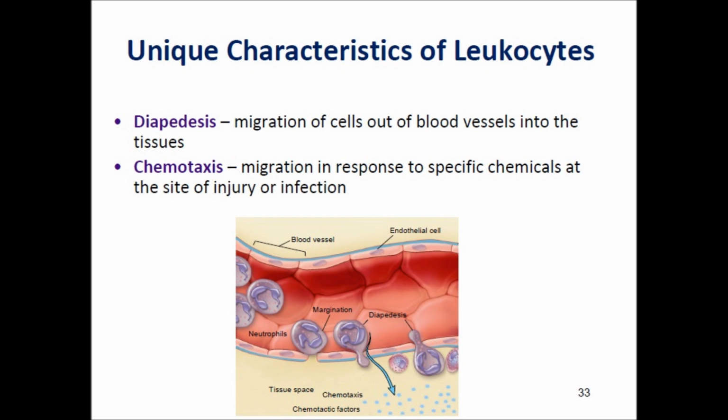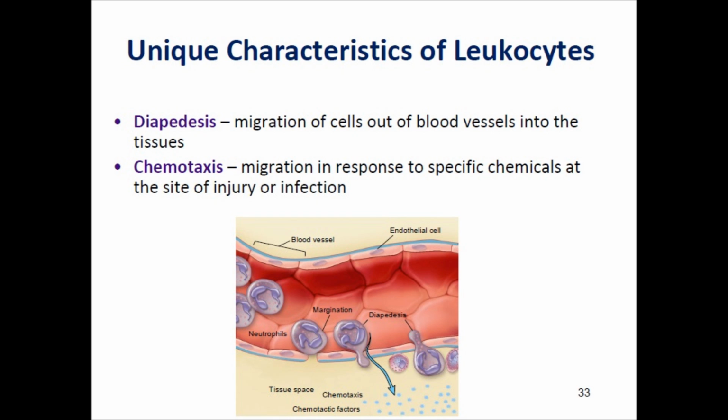Because of the cytokines, because of these different chemicals in the area, they're able to leave the blood vessel and move into the tissue. It's a unique characteristic of leukocytes called diapedesis.